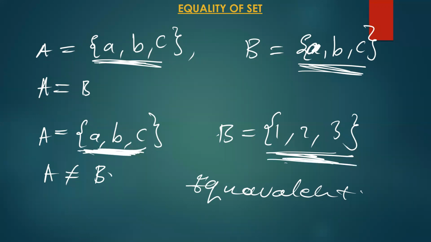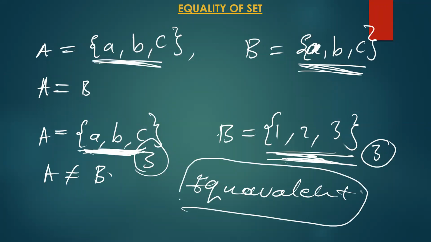But since they have the same number of elements, here we have 3 elements, even there we have 3 elements, we say set A and set B are what? Are equivalent. But for two sets to be equal, they are supposed to contain the same elements and the same number of elements.